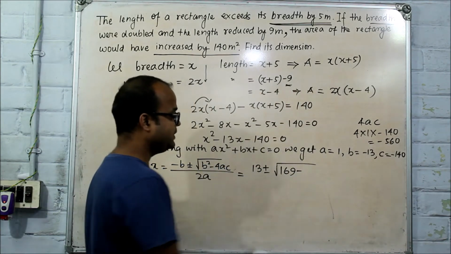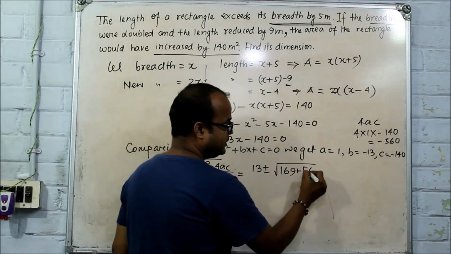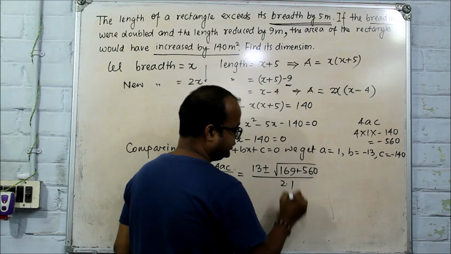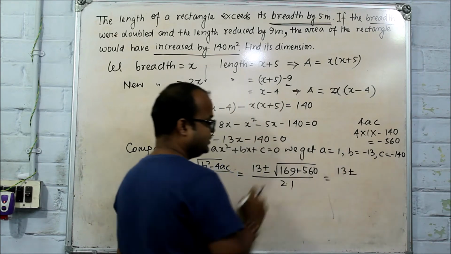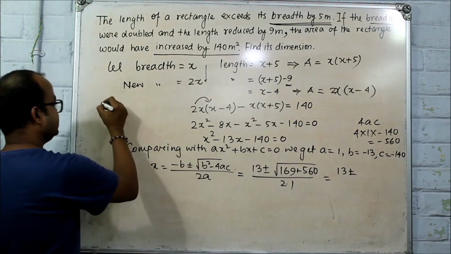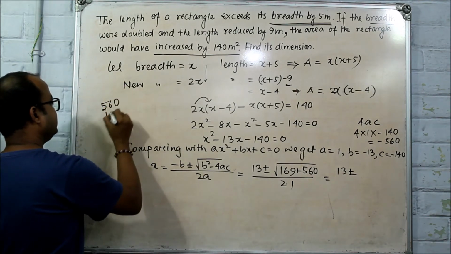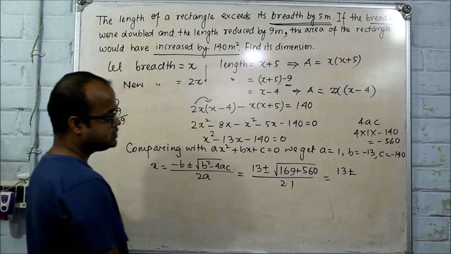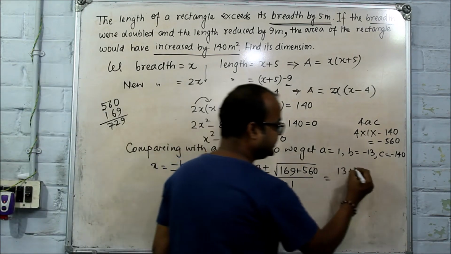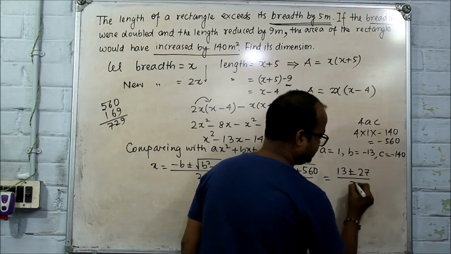So minus of minus, plus 560, by 2a, 2 into 1. 13 plus minus square root of 560 plus 169. 560 plus 169 is 729. The square root of 729 is 27, by 2.